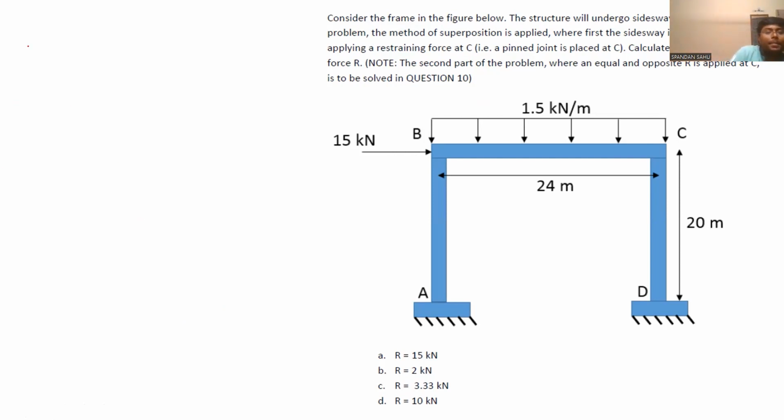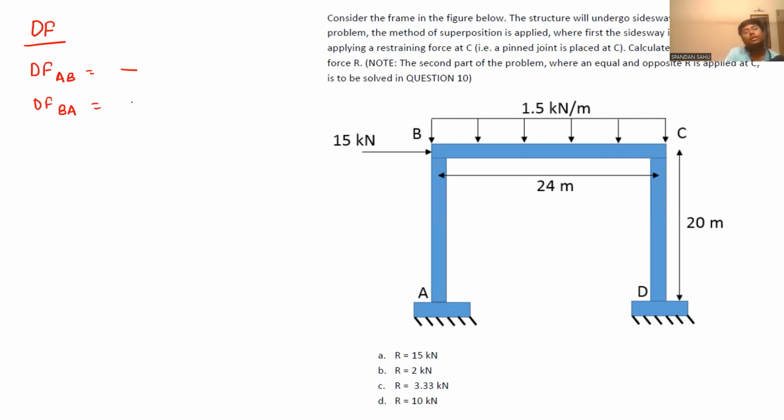Now tell me, first tell me distribution factors. DF AB not defined. DF BA.